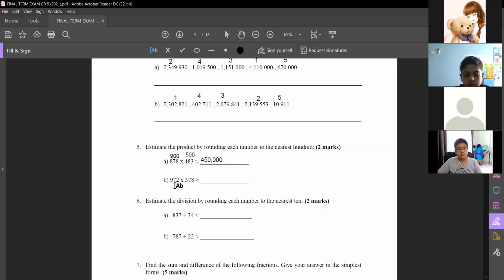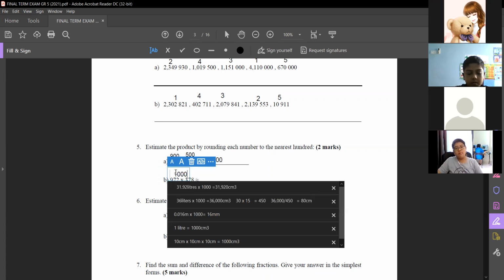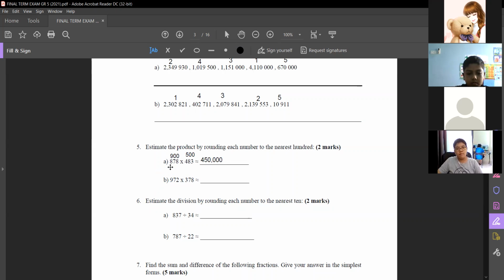Okay, how about for B? 972. How to round it off to the nearest 100? It becomes 1000. Very good. And then how about 378?